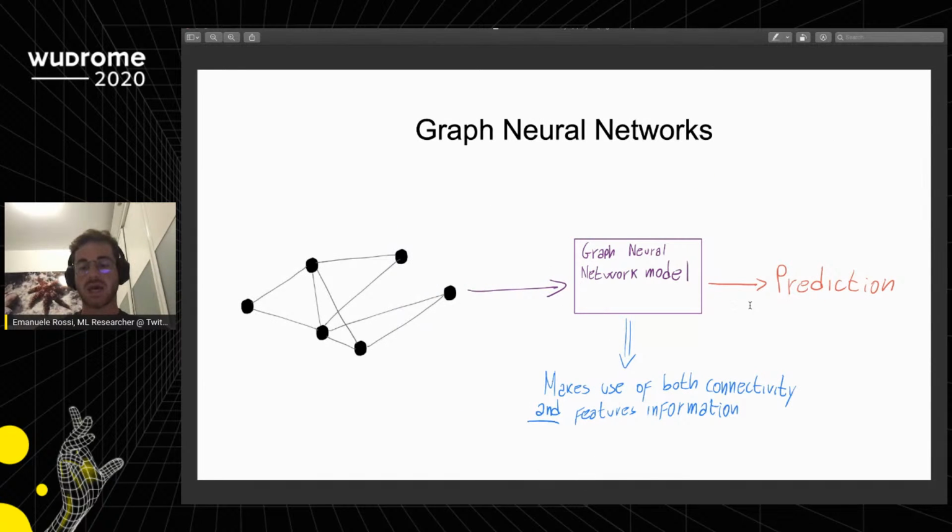They're able to make a prediction. And the advantage is that they can use both these sources of information, and so they can usually make better predictions than using either source independently.